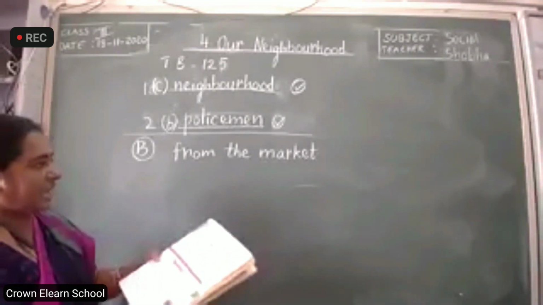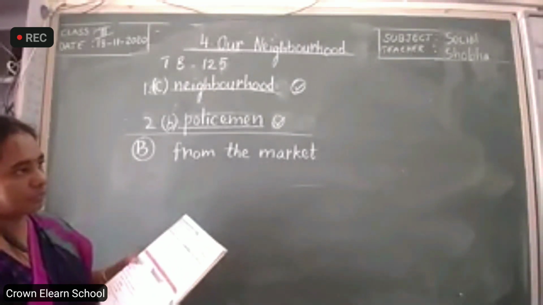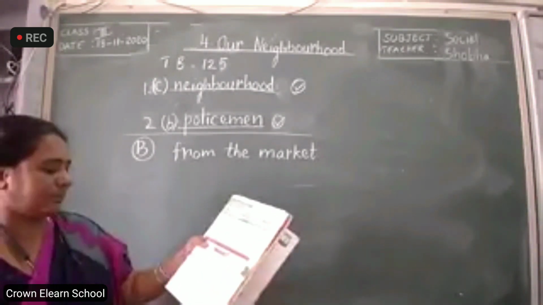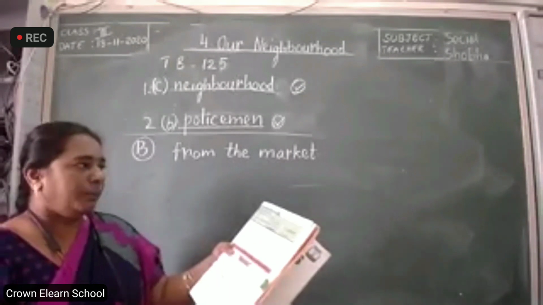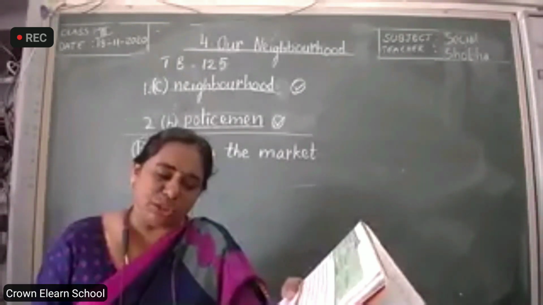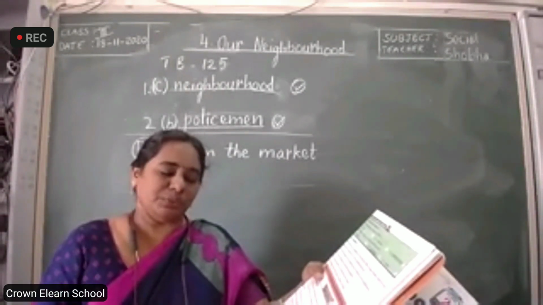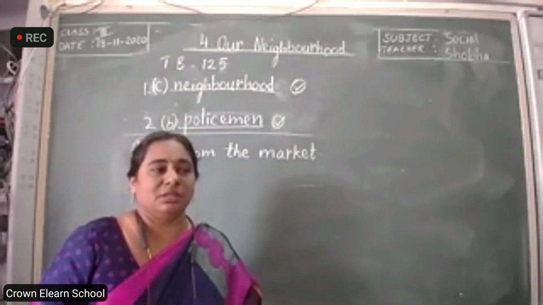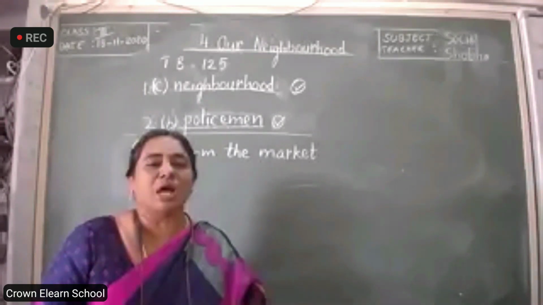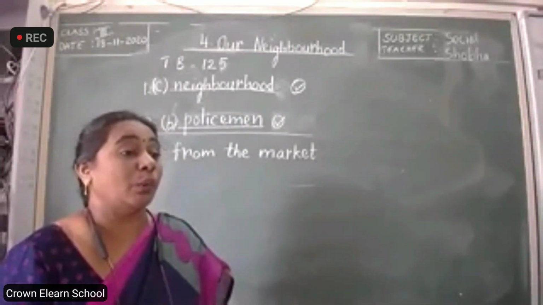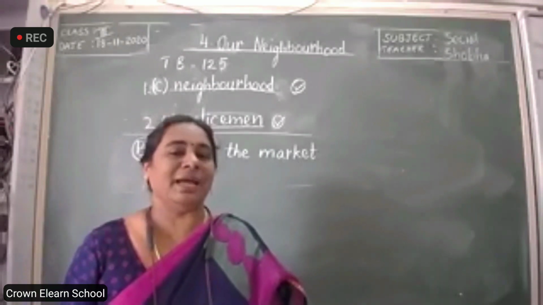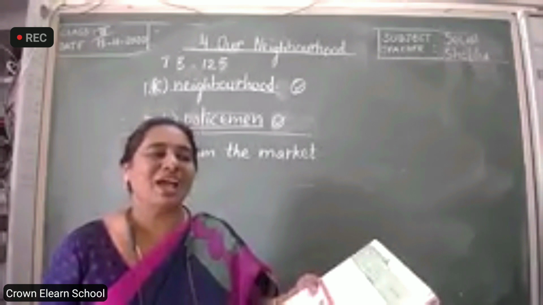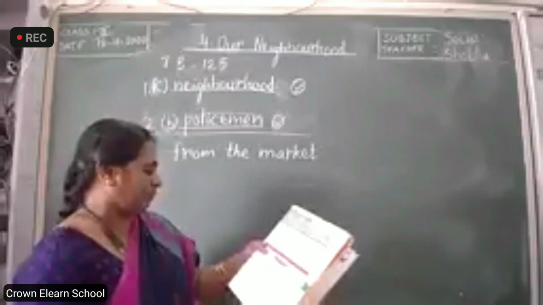Next, exercise C. Exercise C, tick the correct answers. The first one, people who are sick or injured go to a dash. Options are given: hospital, police station, post office. Where do they go? People who are sick or injured, where do they go? To hospital. To a hospital. Very good. To a hospital. Okay. So exercise C.